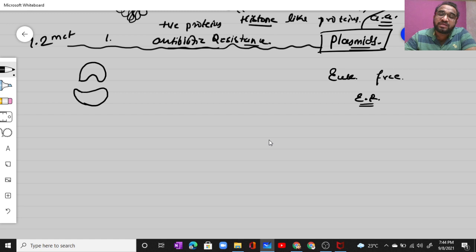Such an endoplasmic reticulum which has ribosomes on it is called a rough endoplasmic reticulum. We will see why it is called rough later on when we study the endoplasmic reticulum. Now, the ribosomes have two subunits. One is called the large subunit.